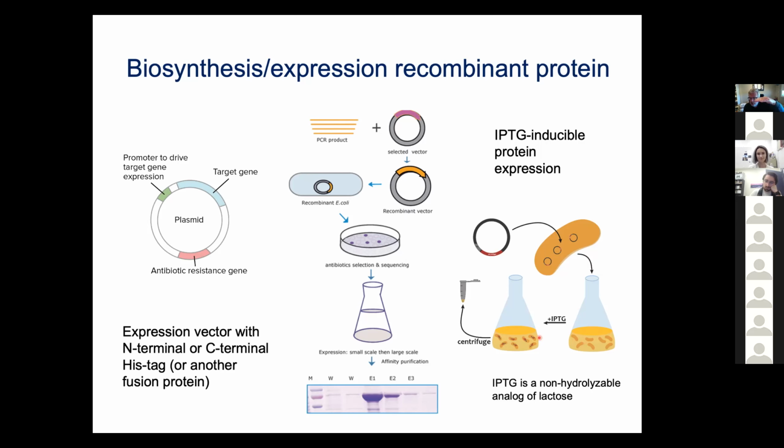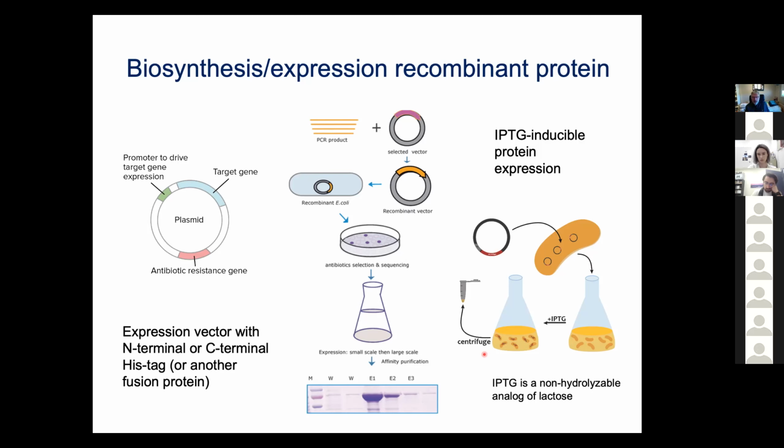The usual inducer is IPTG, which is a non-hydrolyzable analog of lactose. So there's a lactose regulator in the system, and you bind IPTG to it, and only then, after the IPTG sits on there, will that gene get expressed. So you can basically switch on the production of the gene once your cells are at a high enough density. This is now the most routine way in which most proteins for structural biology are produced.